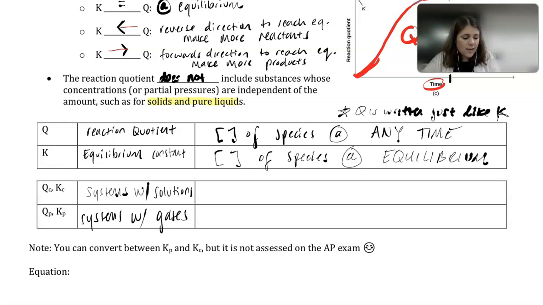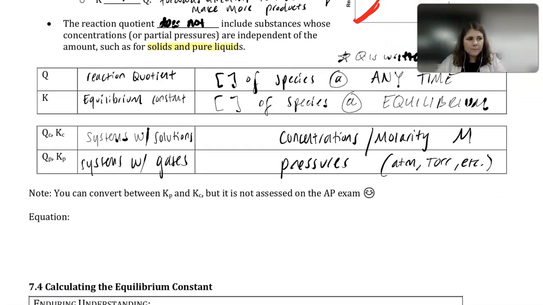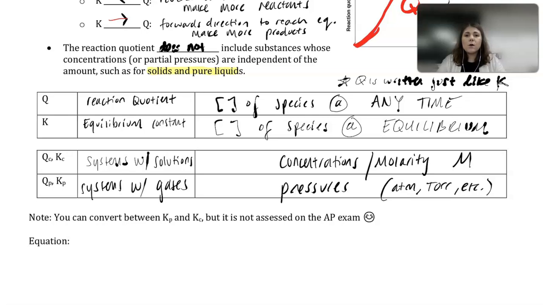And so again, C is concentrations, molarity, big M, while for gases, Qp is pressures, which you'll look at in atm, torr, etc. Mostly atmospheres and torr.